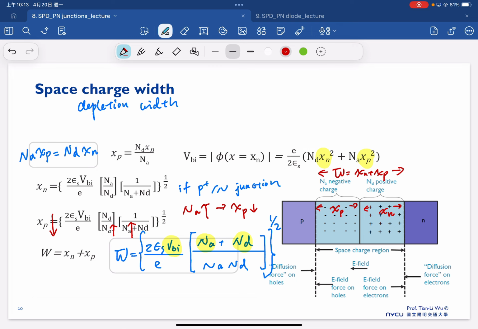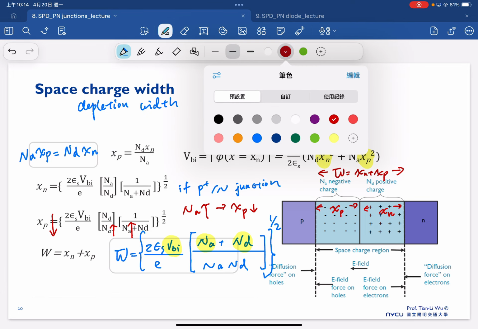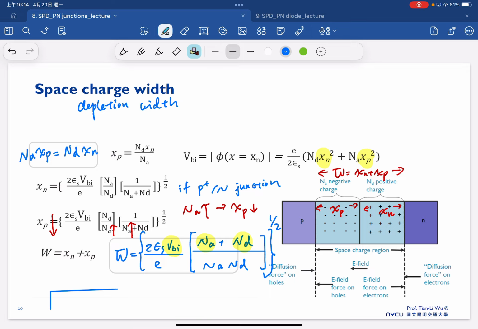So this actually gives us a good way to do some approximation, because in reality we always have this asymmetric doping concentration between N and P. Now we realize that if we have symmetry of N and P, probably we can try to do some interesting approximation. So for example, the most ideal case, but in reality it's not going to happen, is we have P and N that have an equal concentration.